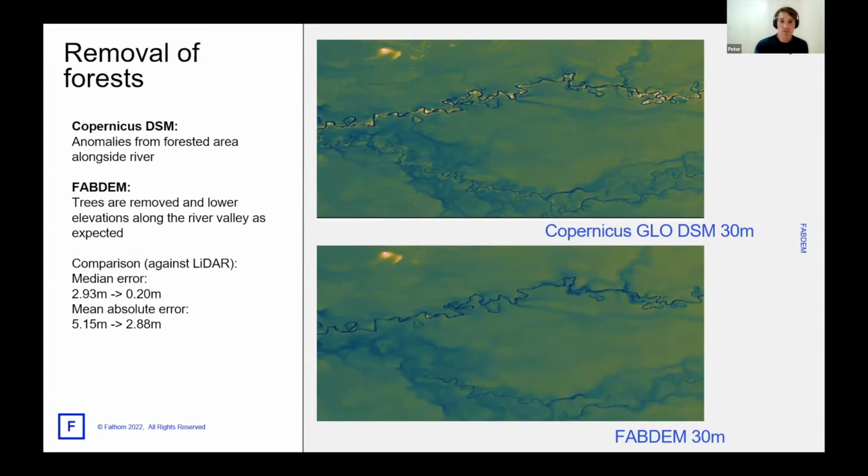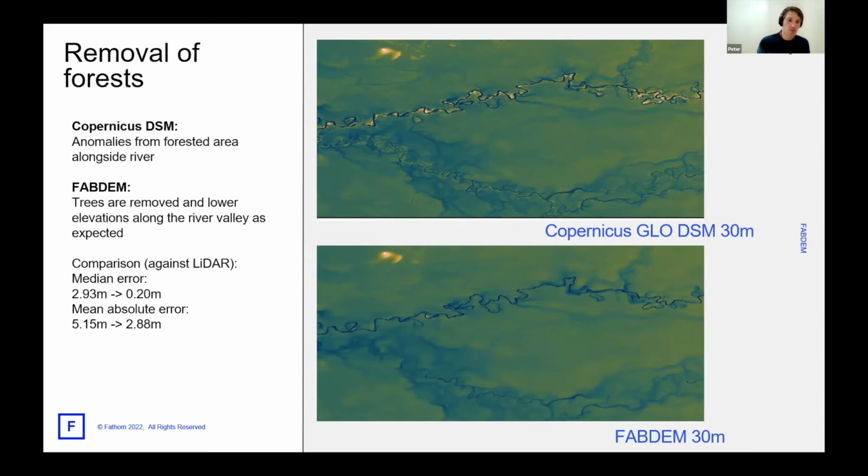And you can see along the blue river channel, you see bits of yellow in the Copernicus DEM, which is due to trees raising the elevation artificially. And as you can see in the bottom plot, all of those yellow areas along the river are quite nicely removed in FabDEM, showing that our correction is doing what we want it to do.